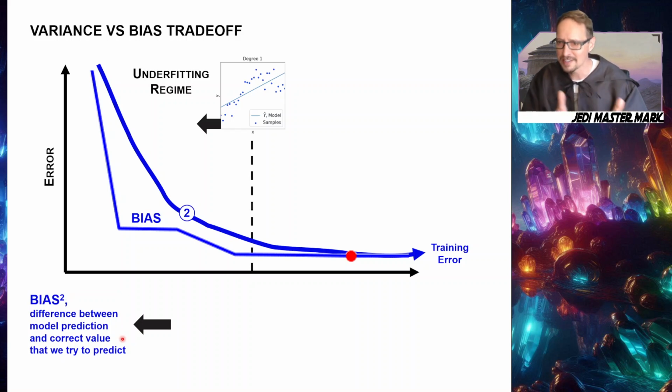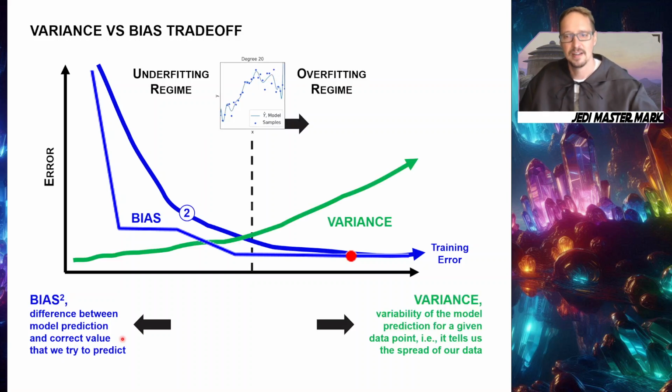So, the loss and the cost function, this is essentially the bias of the model. And the variance is the variability of the model prediction, for a given data point. So it tells us around each data point, how much is the model varying? And again, a high variance model, you can look at it up here, is this overfit model, where it's fluctuating too much about the data points.